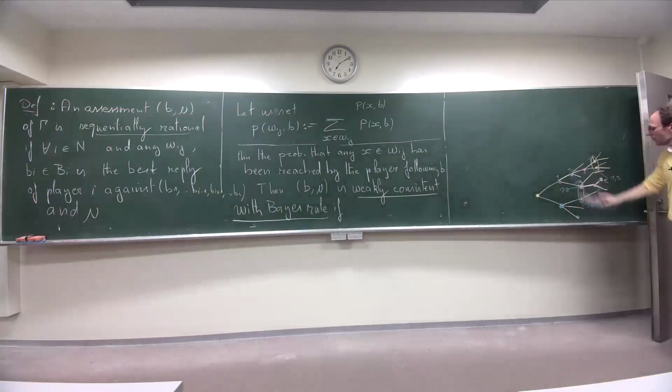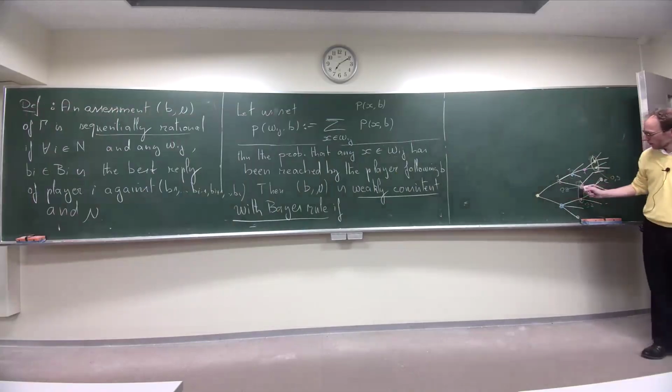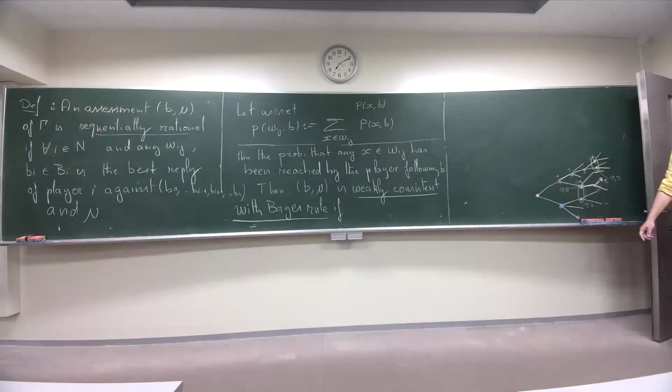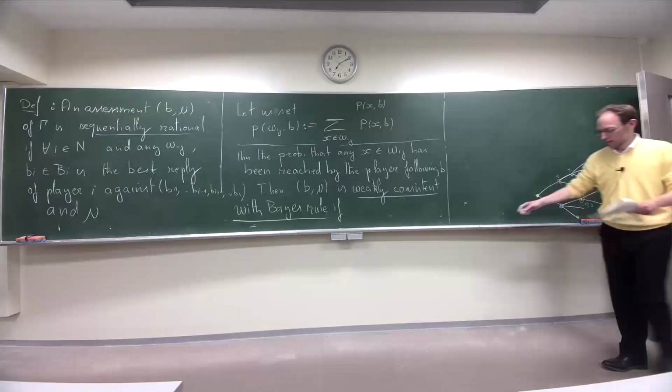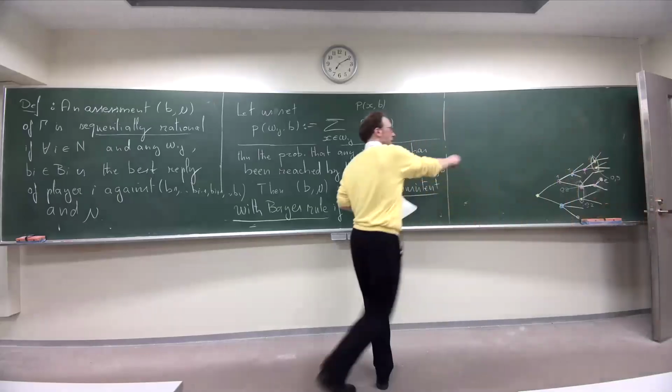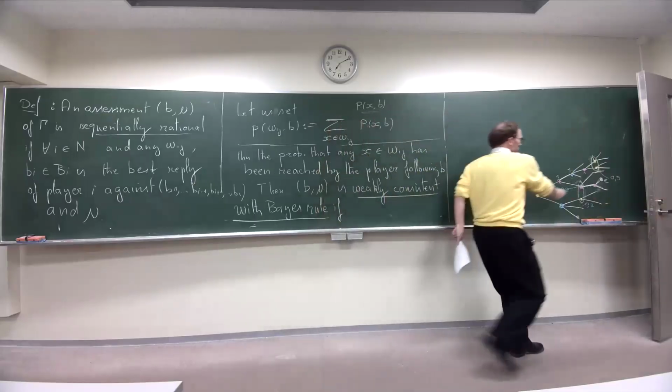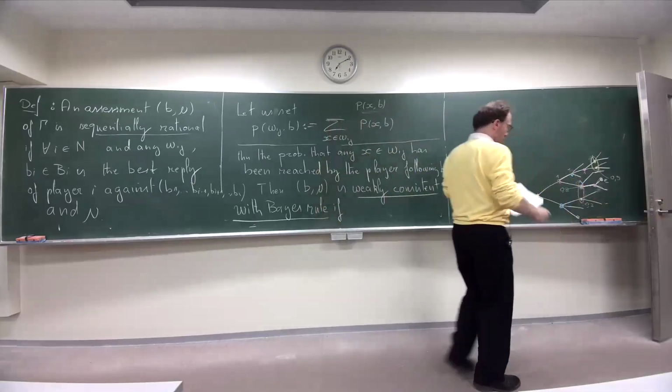I want to give a meaning to this 0.8, 0.2. I chose them arbitrarily. But we have already one number attached to this point, and one number attached to this point. It is this P x B. So I will use this information because I haven't used it yet. There is no relation so far between P x B and the 0.8 and 0.2 that I put here.